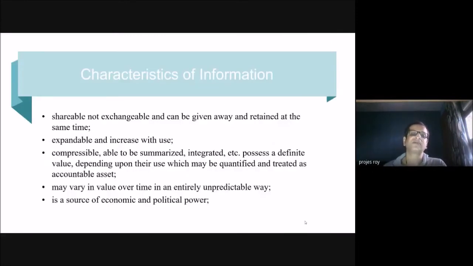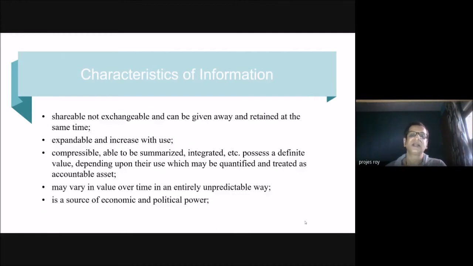Then the characteristics of information: searchable, not exchangeable, can be given away and retained at the same time, expandable and increasing with use, comparable, able to be summarized, integrated, etc. Possessing definite value depending upon their use, which may be quantified and treated as an accountable asset.